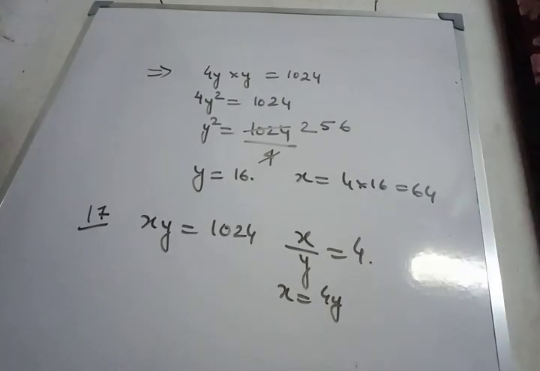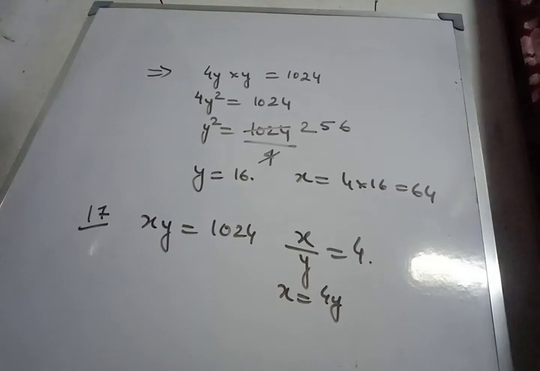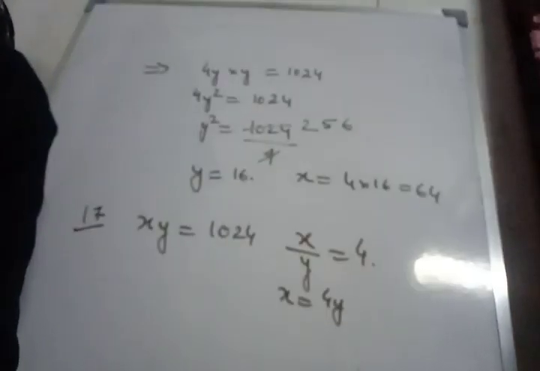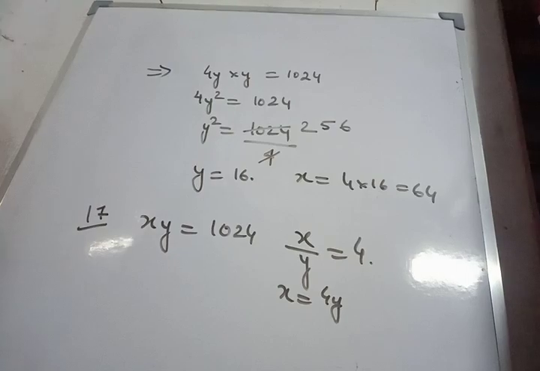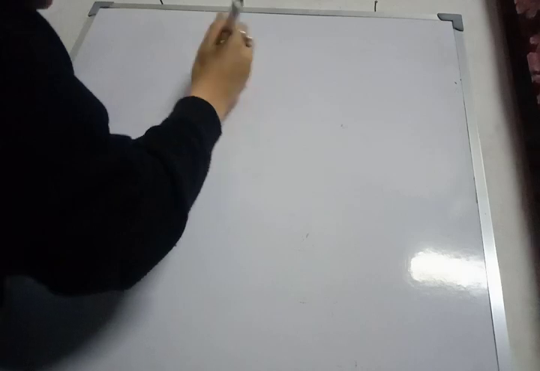Next we have sum number 18. The product of two numbers is 18375. If one of them is 15 times the other, find the numbers. So the numbers are what? Numbers are x and 15x.